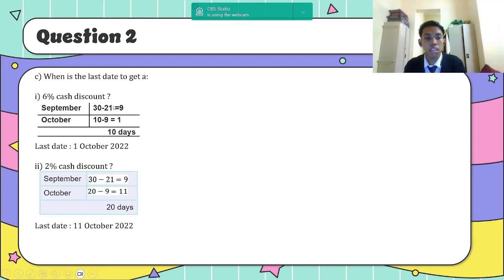Question 2C given is: when is the last date to get a 6% cash discount? On this question we need to find the last date for the 6% cash discount, and it will be calculated like this. In September we have 30 days, so we need to minus 21. Why 21? Because the 21 was already given in the first question. The answer will be 9, because 30 minus 21 is 9. In the next month, October, 10 minus 9 equals 1.